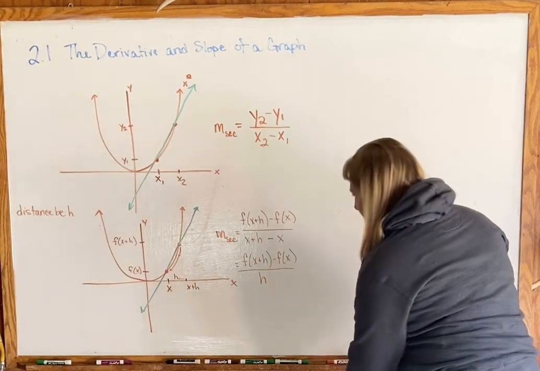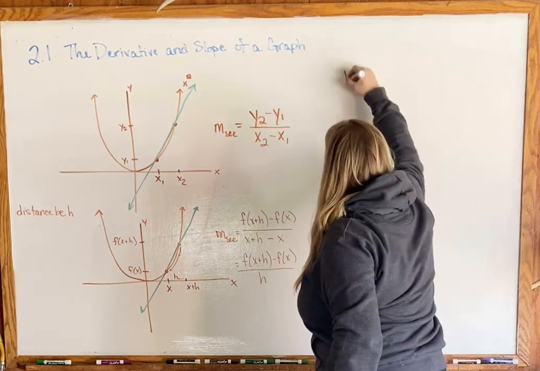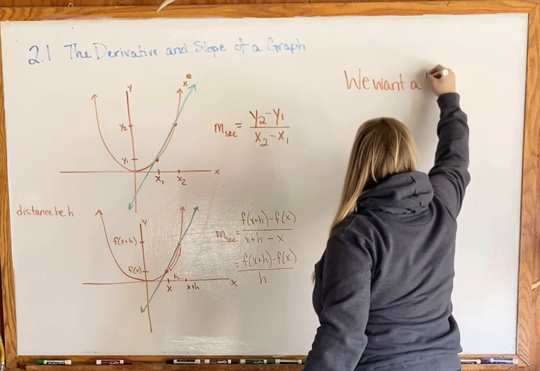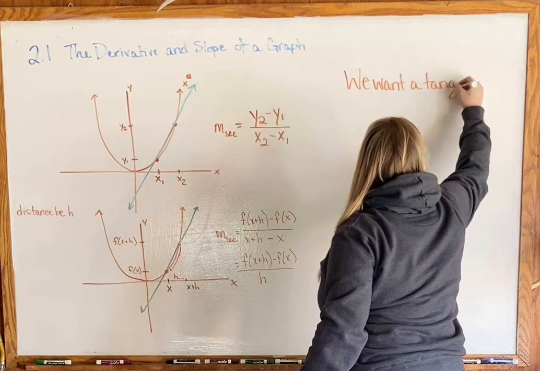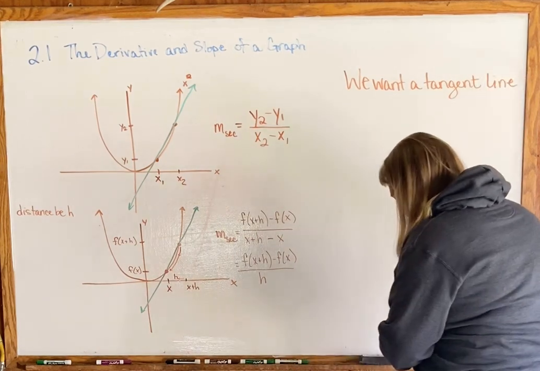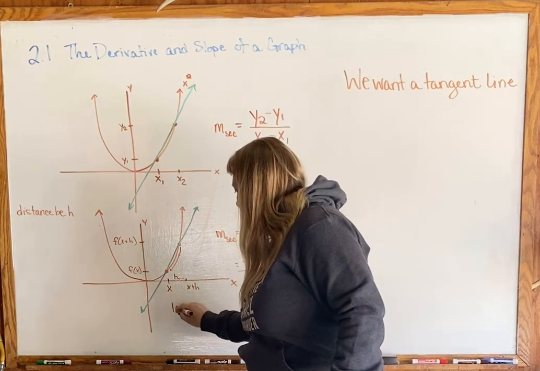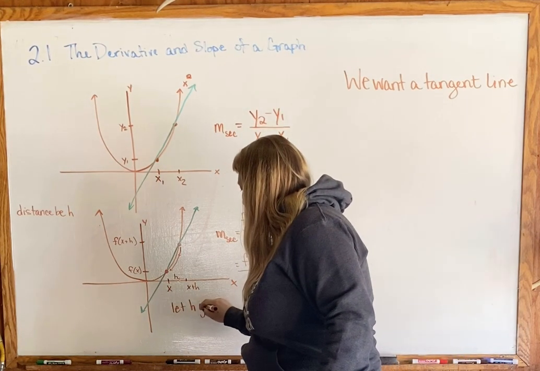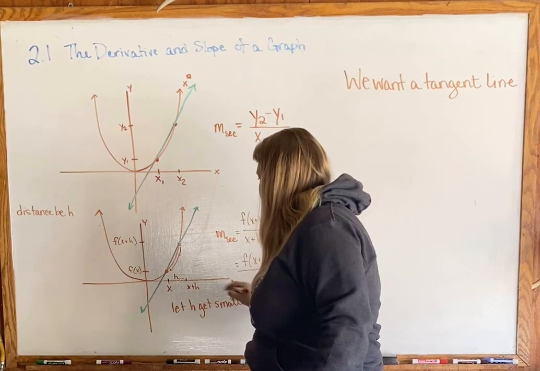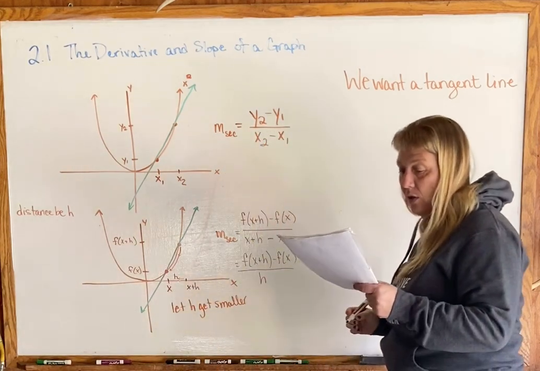So let me change my pen and get back to the right pen there. So again, we're going to say we want a tangent line. So as we said over here, we're going to let h get smaller. To get that tangent line, we're going to bring those 2 points together, which means that h is going to get smaller.